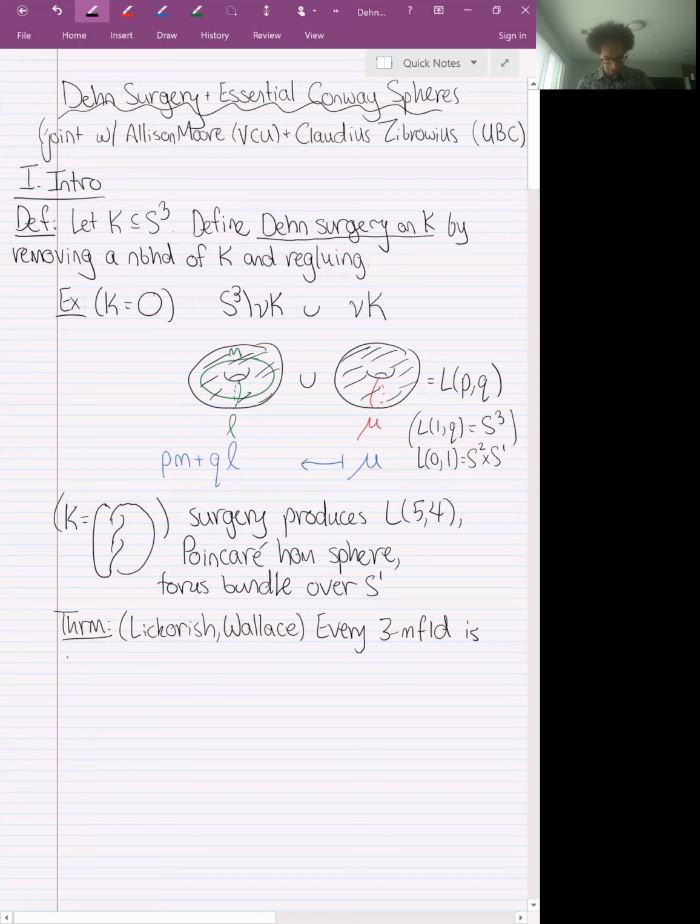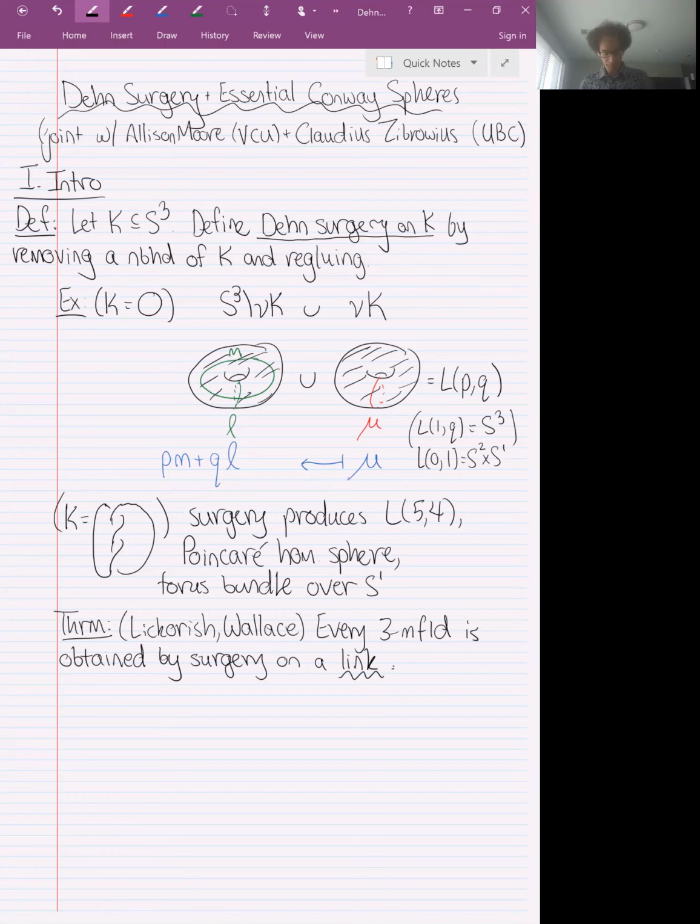This is obtained by surgery, now not necessarily on a knot, but on a link. So I take many embedded S^1s inside of S^3, and I do the surgery operation, and I can produce any three-manifold.